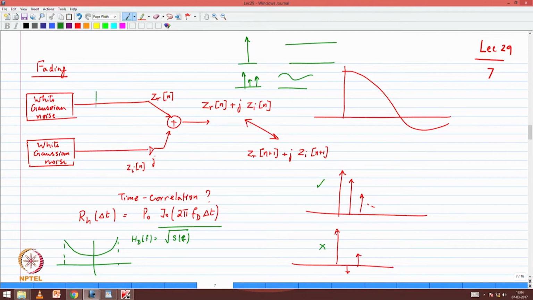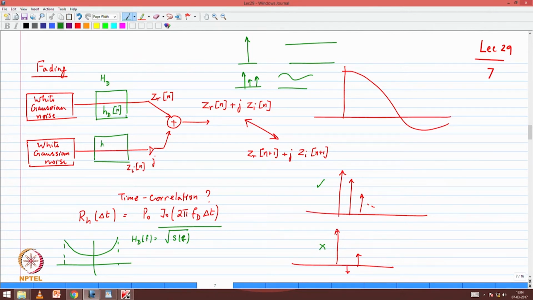So obviously we need to introduce a filter here, and these filters are the Doppler filters. I'll just write it as HD. Okay, so we can write it as HD of n, if you think of it as a sampled sequence impulse response.